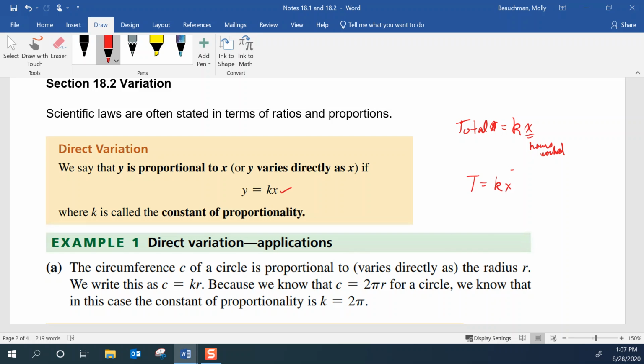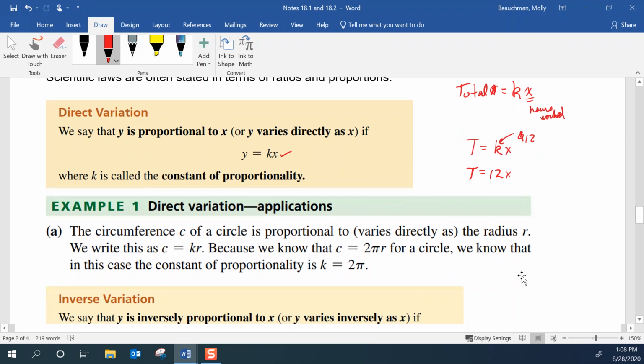Let's say you work an hourly job where you make $12 an hour. Then your total pay every week, or every 2 weeks, would be 12 times the number of hours worked. So we would say that your total pay is proportional to the number of hours worked.